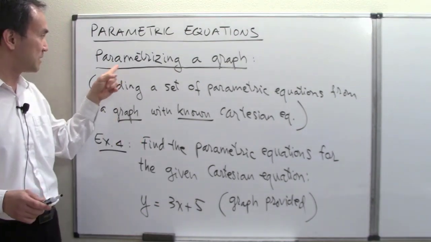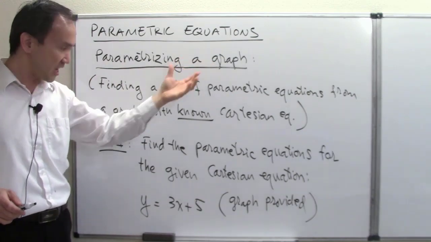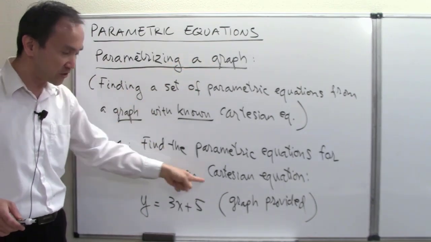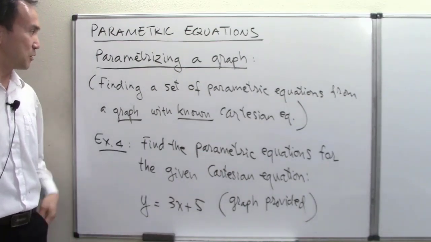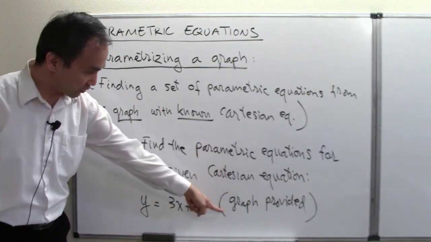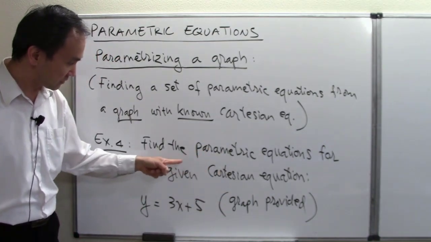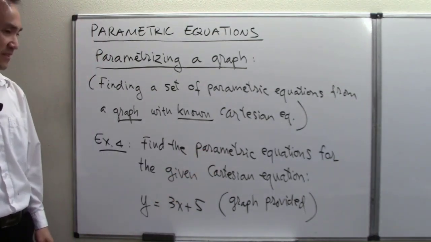That's why commonly people refer to that as parameterizing a graph. But it also means the same as finding the parametric equations for a given Cartesian equation, finding parametric equations for the graph or for the Cartesian equation that's given.